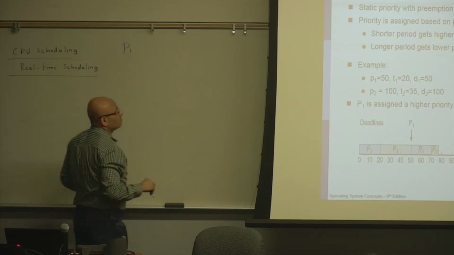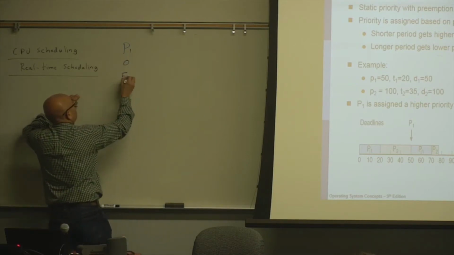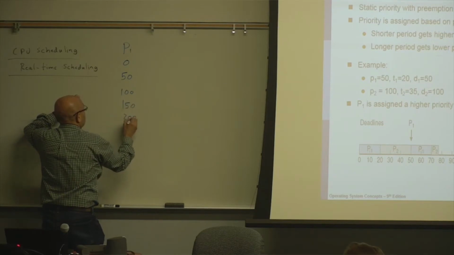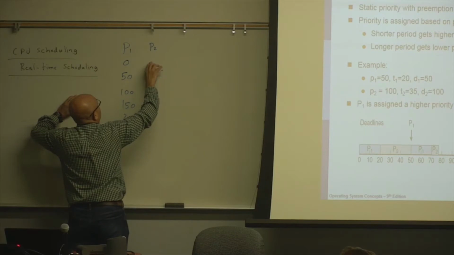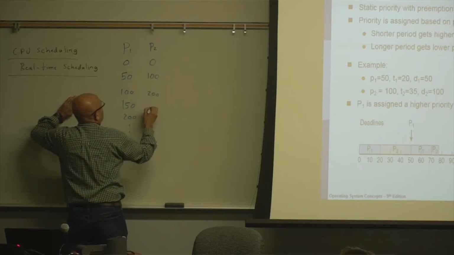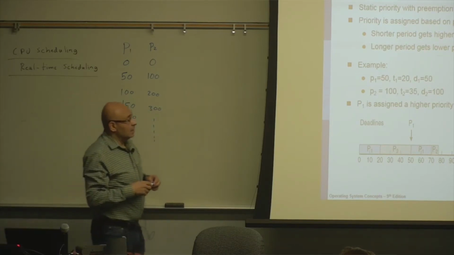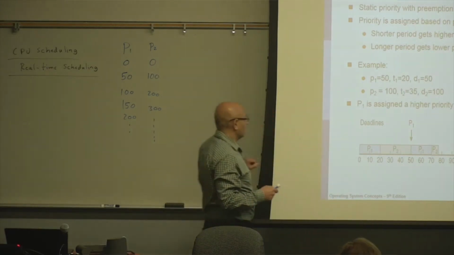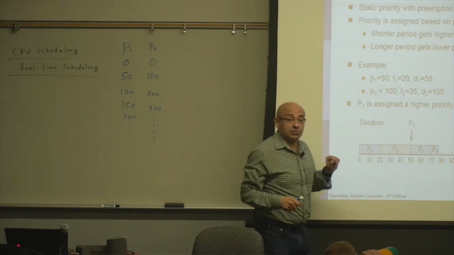For P1, we will have bursts arriving at times 0, 50, 100, 150, 200, etc. For P2, we will have bursts arriving at 0, 100, 200, 300, etc. So at time 0, we will have the first burst of P1 and the first burst of P2.